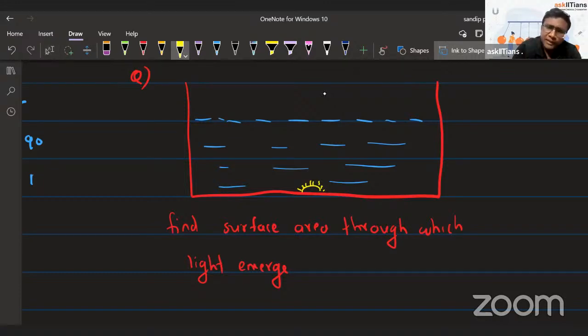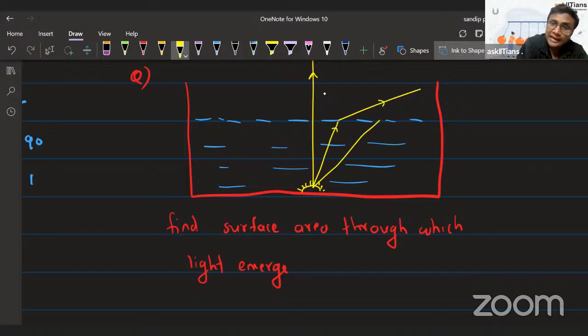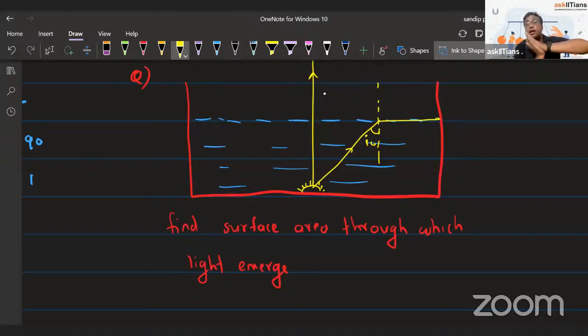Remember, the straight light will go like this and will not bend anywhere. Other light will go like this and bend. If the angle the light makes is the critical angle, then light will not go outside. Means only this much area is visible through that source.